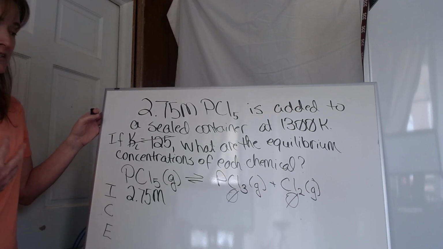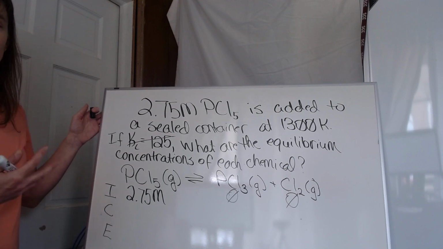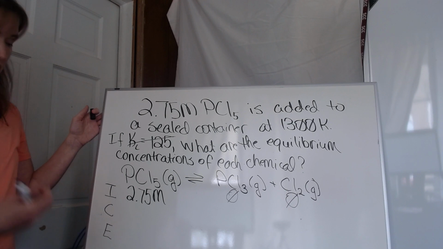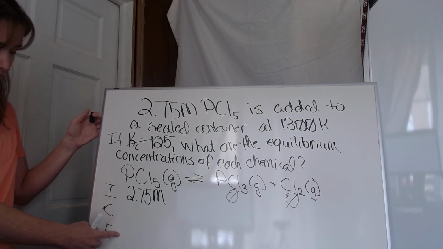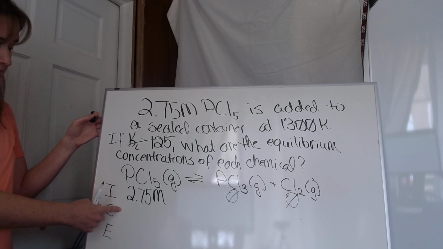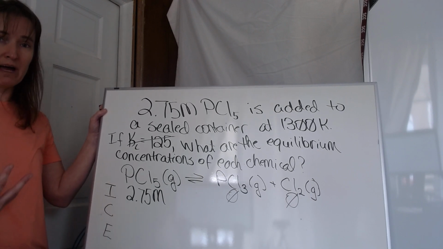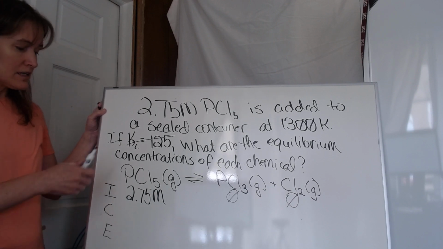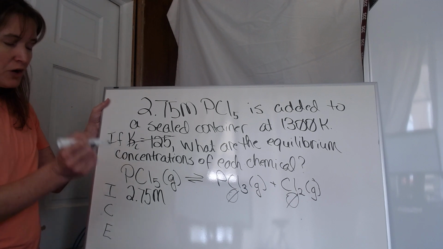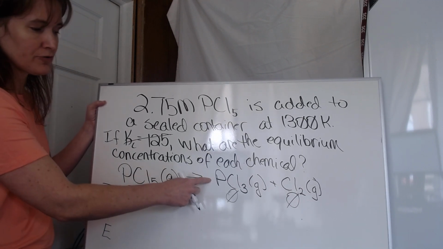If you think back to math, if you don't know something, the most common unknown letter is X. So if we don't know how much equilibrium we have, then we don't know how much change occurs. So we use X to say we don't know how much it is. X is going to be our change, and the coefficient that goes in front of X is whatever the coefficient is for the chemical.